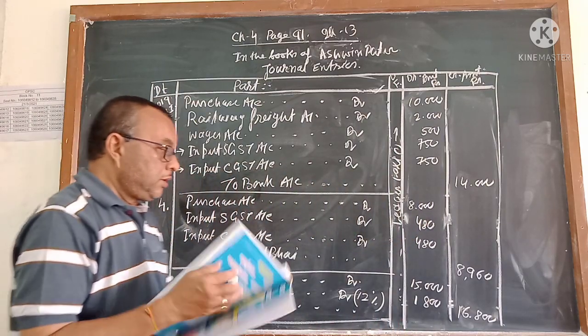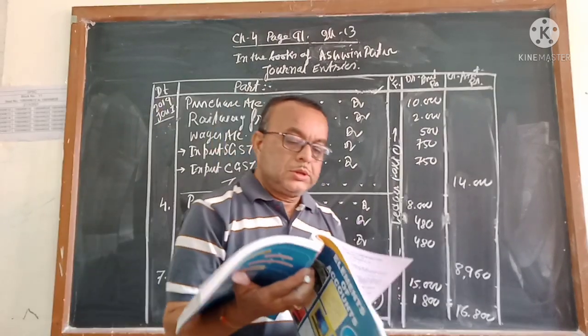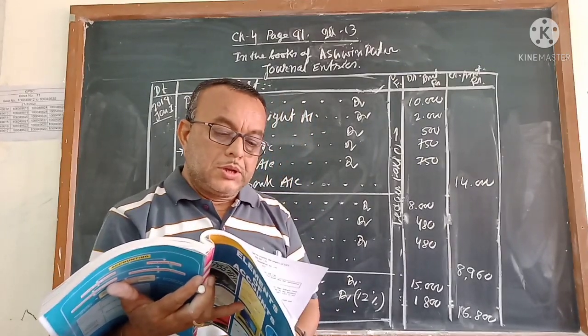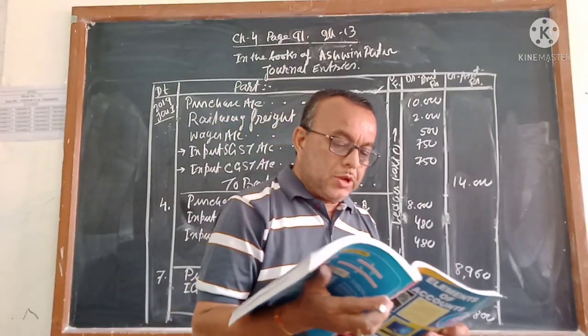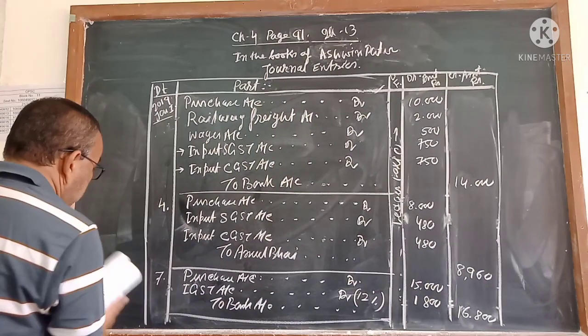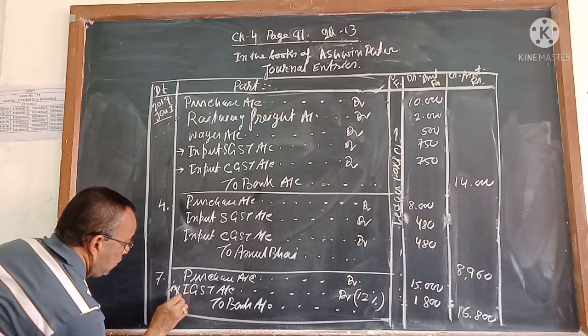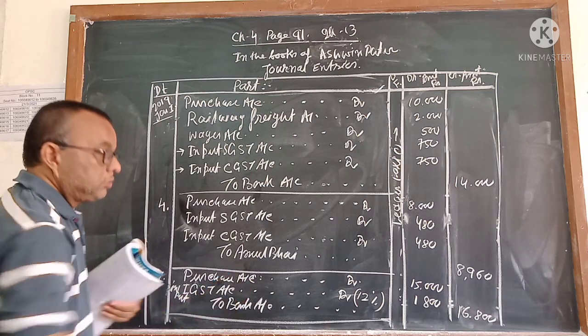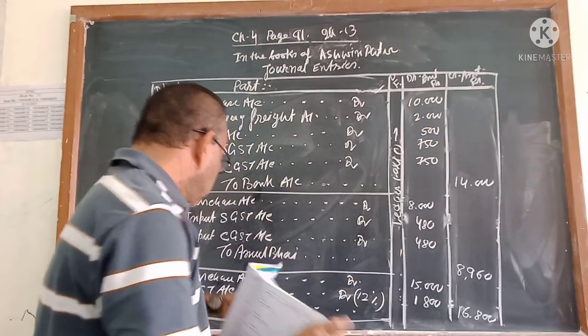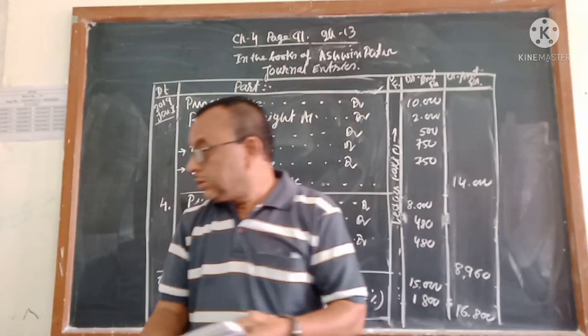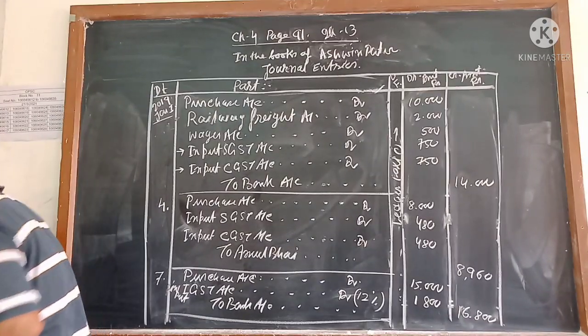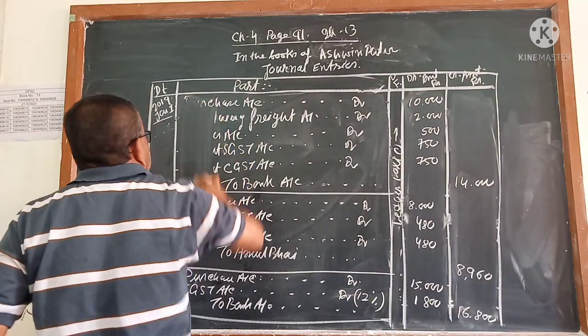Understood? Purchase account debit, input IGST account debit to bank. Understand? These are very simple things you have to understand.